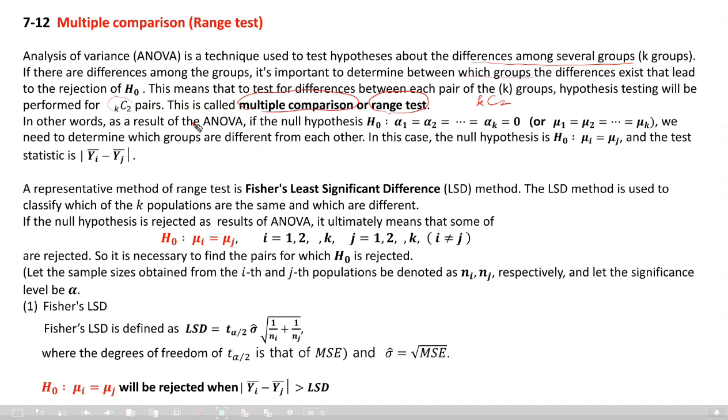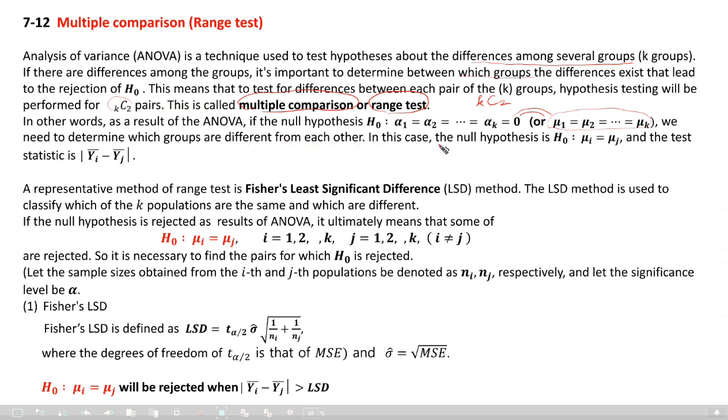Same terminology. In other words, as a result of ANOVA, if the null hypothesis H0, all treatment effects are equal to 0, or mu1, mu2, up to mu k, all of the means are equal, is rejected, we need to determine which groups are different from each other.